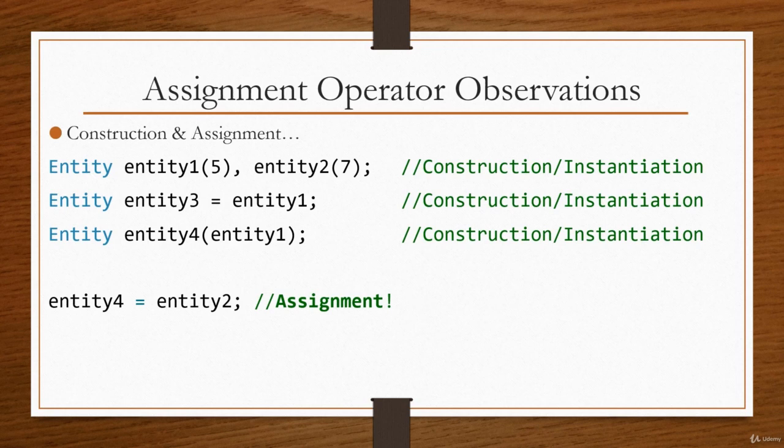And as I mentioned in the previous video, if this is confusing to you, use the construction syntax instead and then pass in the entity that you want to initialize that object to, right? You can see here with entity 4, for example, I use the constructor syntax. Entity 4, I have parentheses and I pass in entity 1. Whereas the final statement, so the fourth statement, that is of course assignment. Entity 4 already exists and we are now assigning it to another entity, to entity 2 for example.